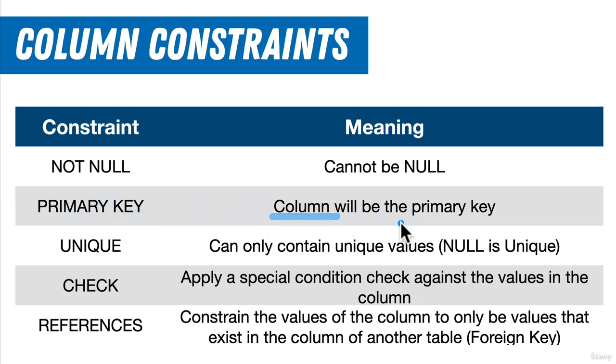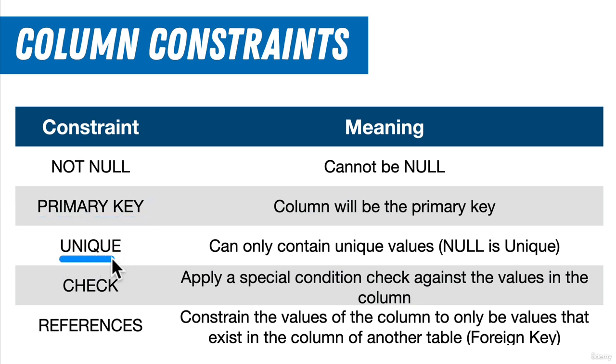The column will be the primary key, and that is very important. Now, we also talked about primary keys being able to be multiple columns. Well, when you apply a column constraint, you're not going to be able to do that. It is for that column specifically. So one column is the primary key.